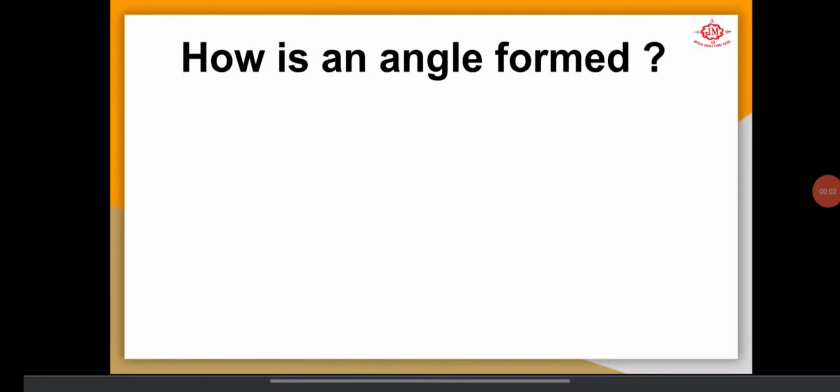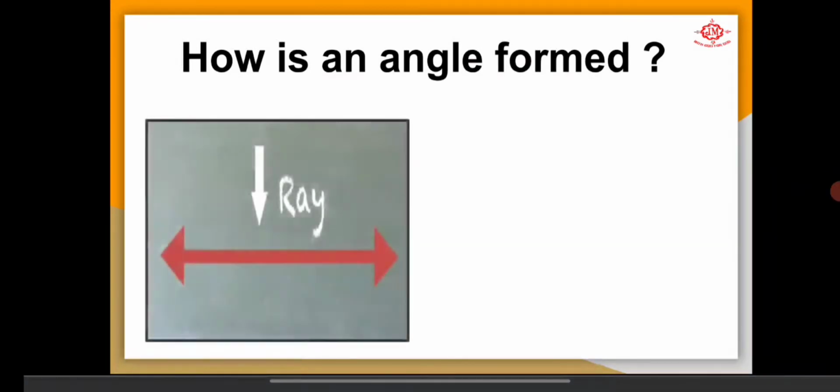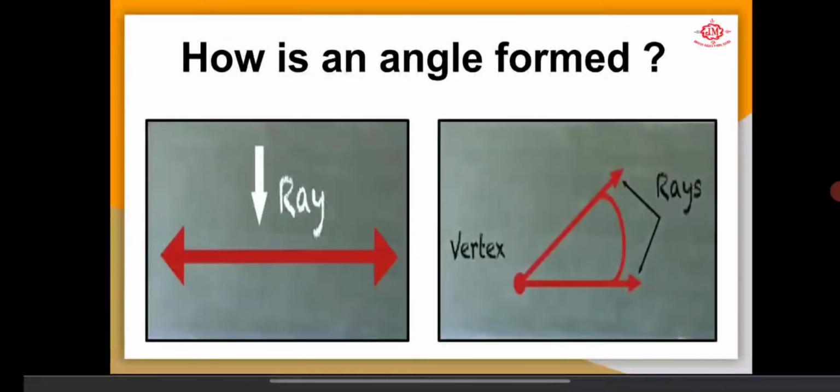Children, do you know how angles are formed? We have learnt about lines, and they are also called rays. So angles are formed when two rays or lines meet at a common point. The joining point or the meeting point of the two rays is called the vertex.